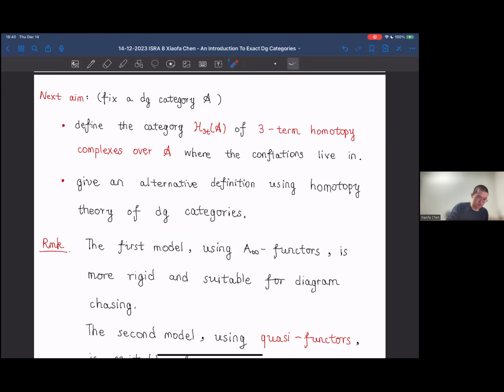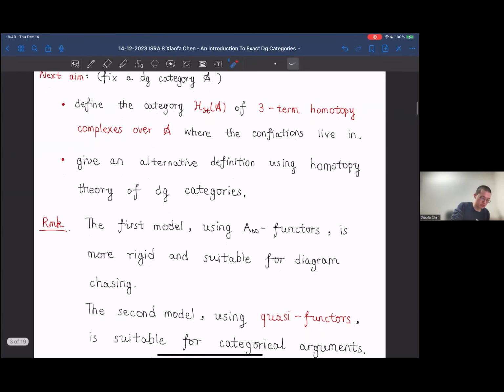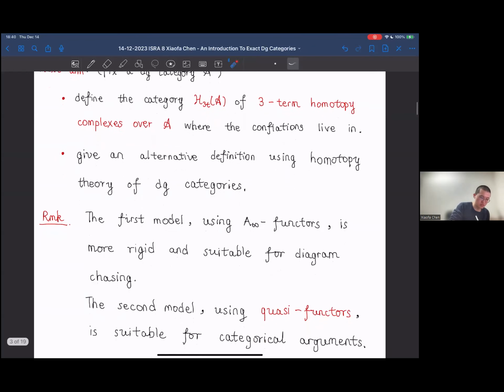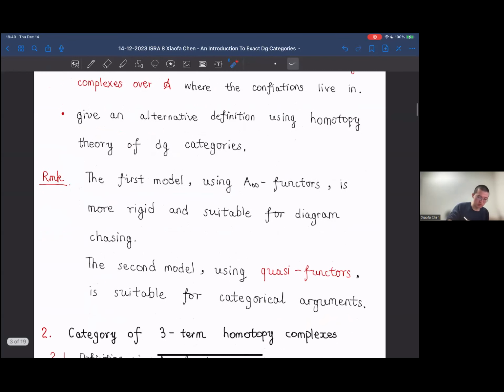But the second model, which uses the homotopy theory of dg categories, has its own advantages. It uses certain bimodules, so-called quasi-functors. And its advantage is that it's more suitable for categorical arguments. I'll explain this later.